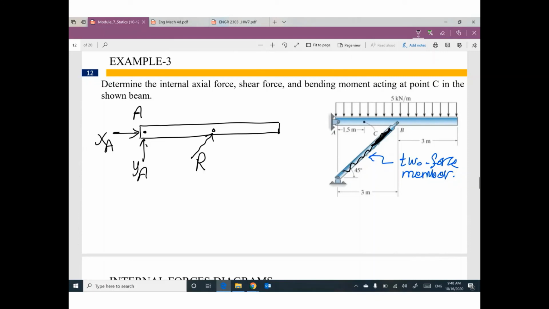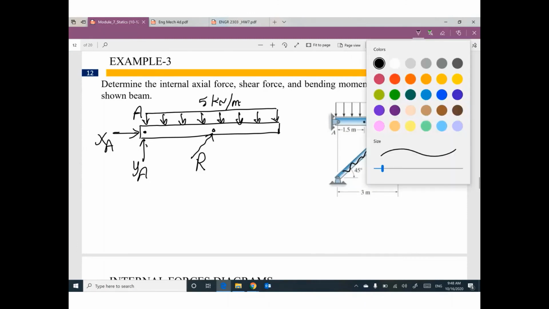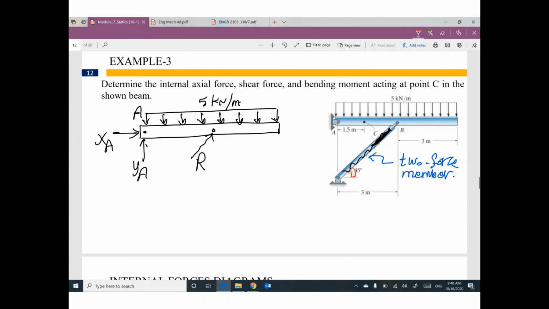And we have a uniform distributed load, 5 kilonewton per meter. This angle is 45 degrees. So we have two components here, the horizontal one and the vertical one: R sine, R cosine.